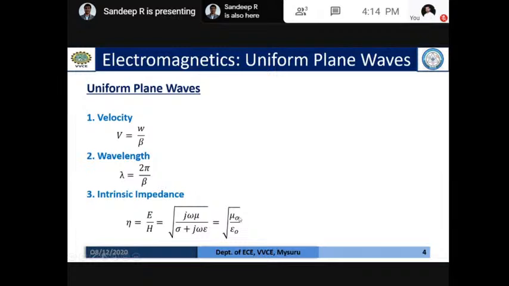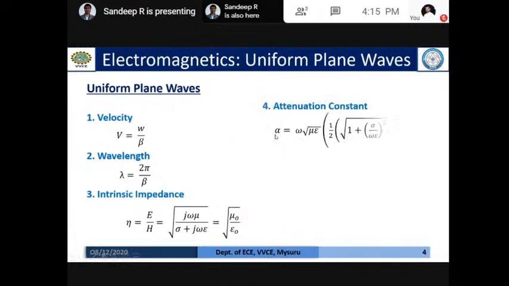For free space, this equation can be written as root of mu naught by epsilon naught. If you're considering a medium other than free space, you will have mu r divided by epsilon r. Otherwise it is root of mu naught by epsilon naught. The value is around 120 pi, or 376.7, nearly equal to 377.